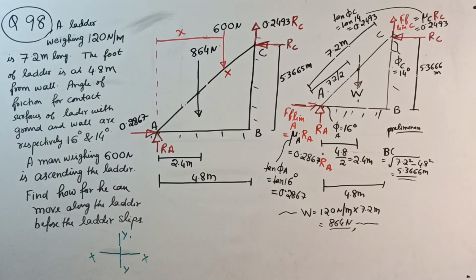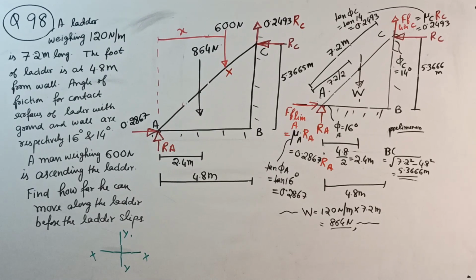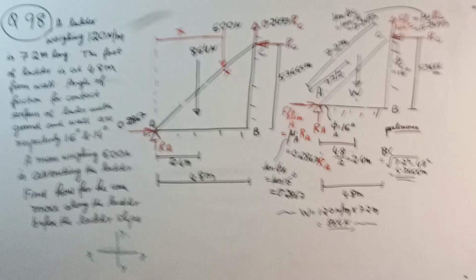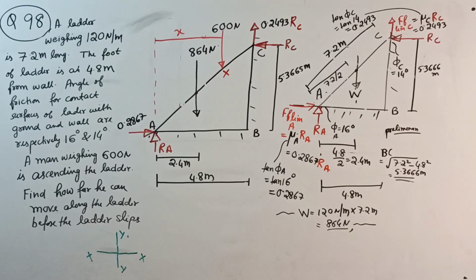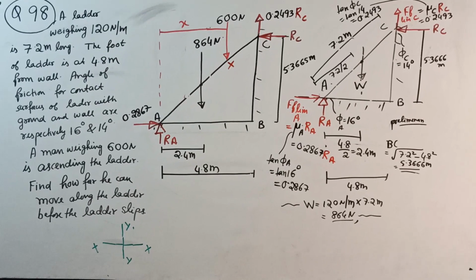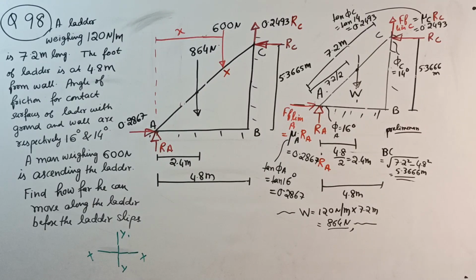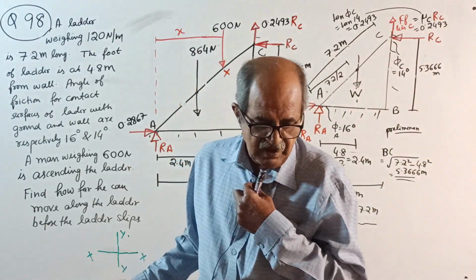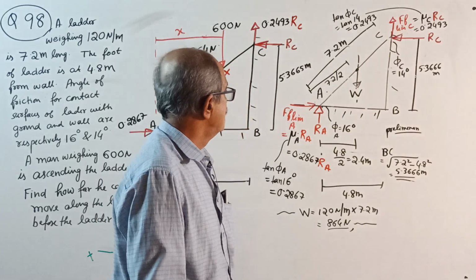When I moved there, the wire pulled the camera, so the camera slightly moved. Okay, now it's okay. These things happen sometimes. Time wasted. Now I should be careful about that wire.